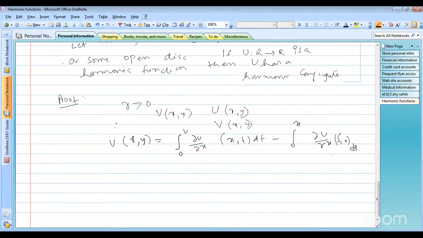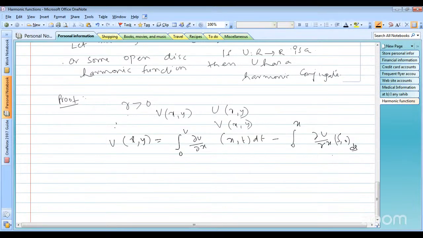So what are x, t and s, 0? I am taking 0 to y with (x, t) and 0 to x with (s, 0).